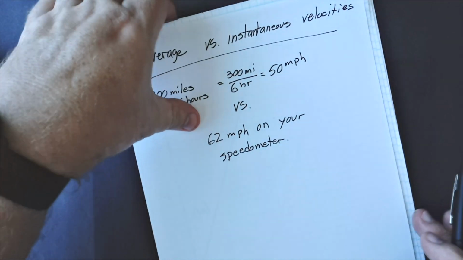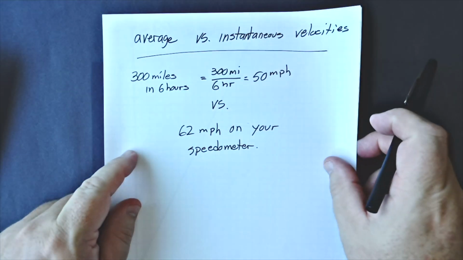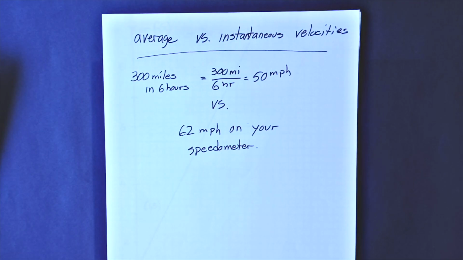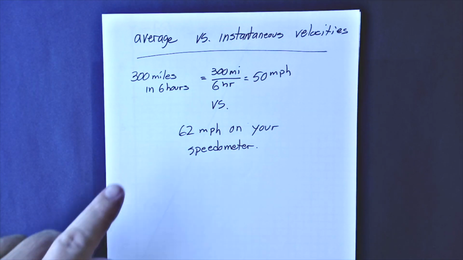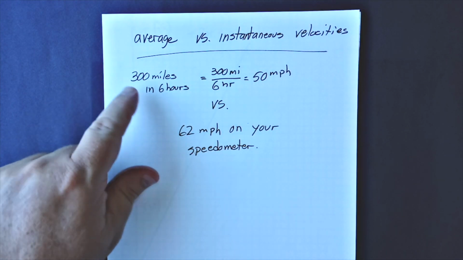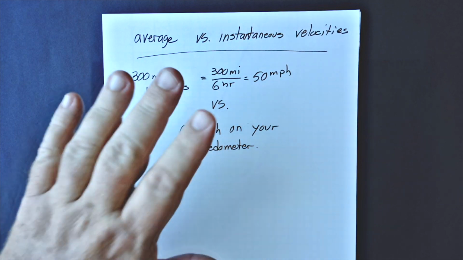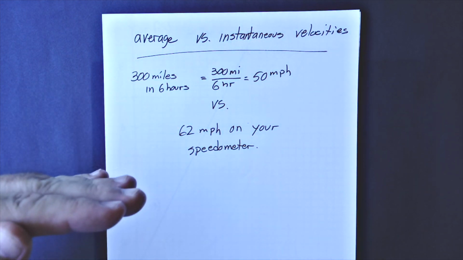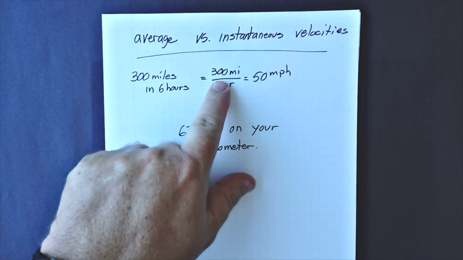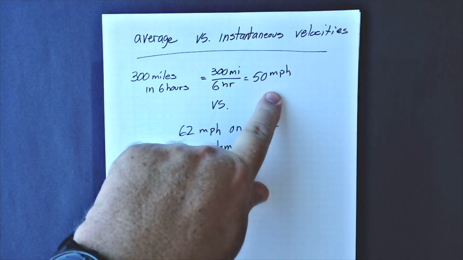An example of this in real life is when we talk about velocity or speed. We can talk about average velocity versus instantaneous velocity or speed. For example, if we say, I'm going to go on a road trip and we're going to go 300 miles and it took us 6 hours to get there, we can find the average speed over that entire trip. 300 miles divided by 6 hours is 50 miles an hour.